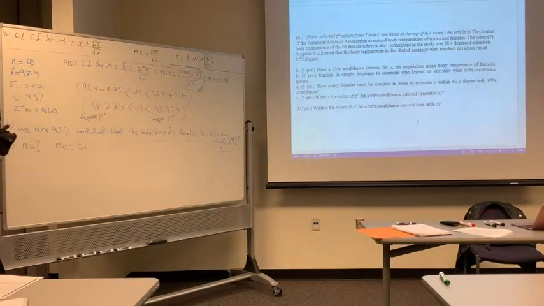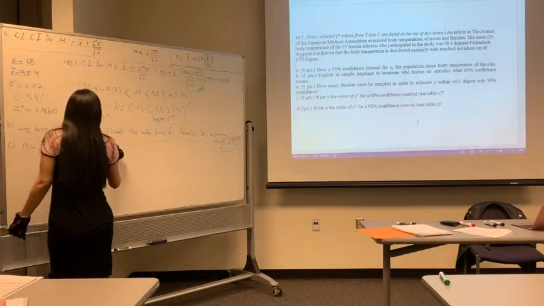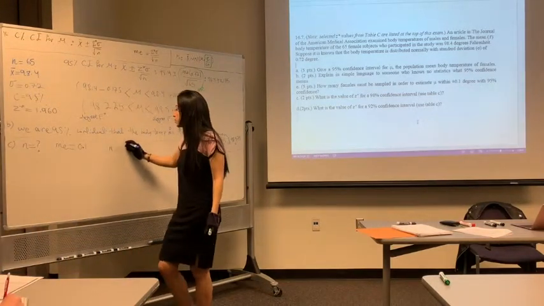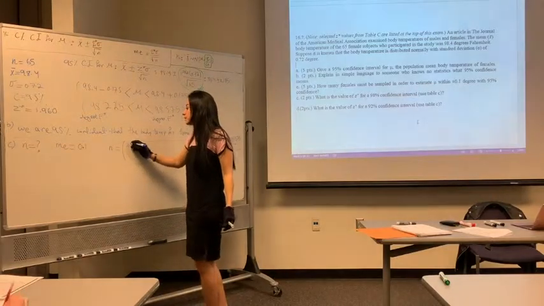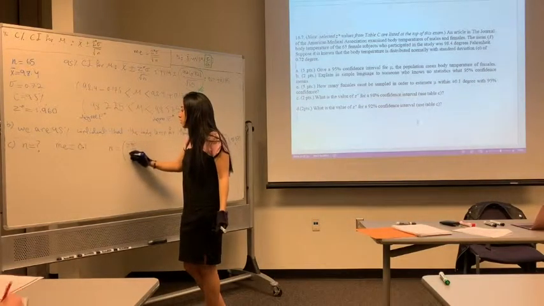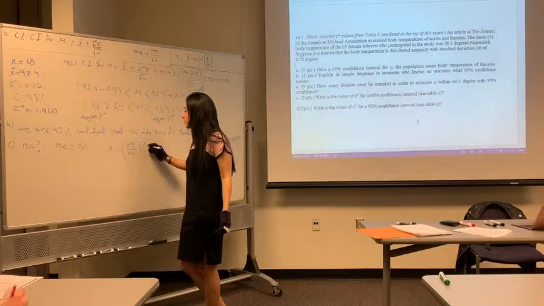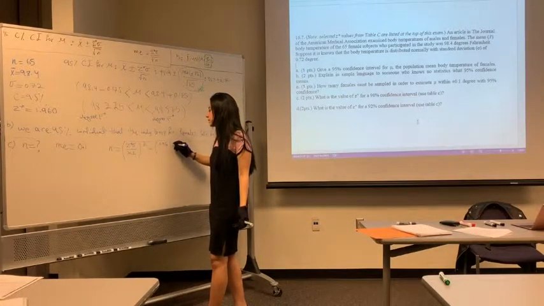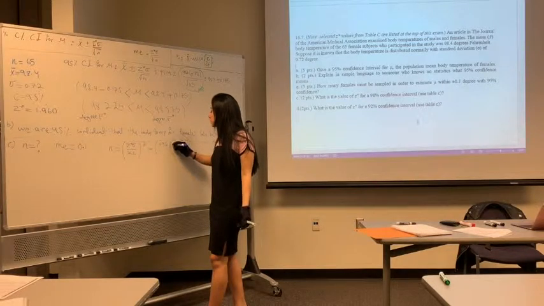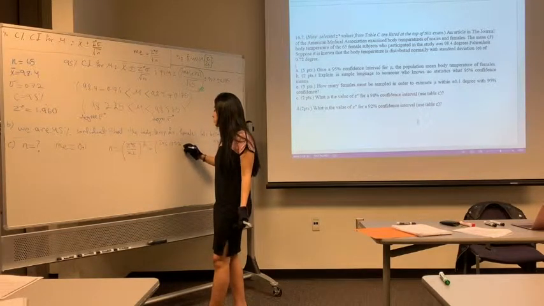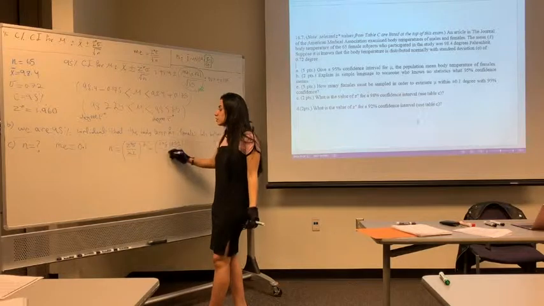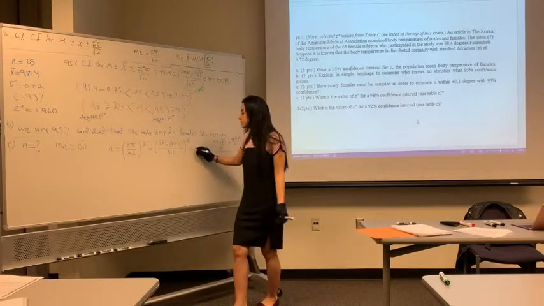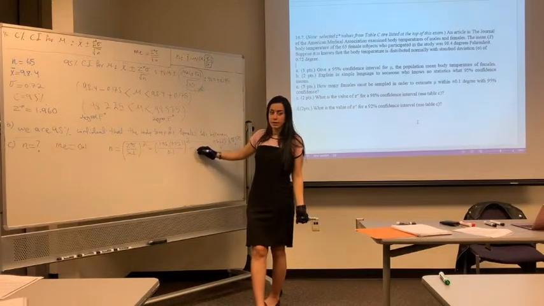Sigma didn't change, Z didn't change. So the sample size is equal to Z star sigma over the new margin of error, power 2: 1.96 times 0.72 over 0.1, power 2.